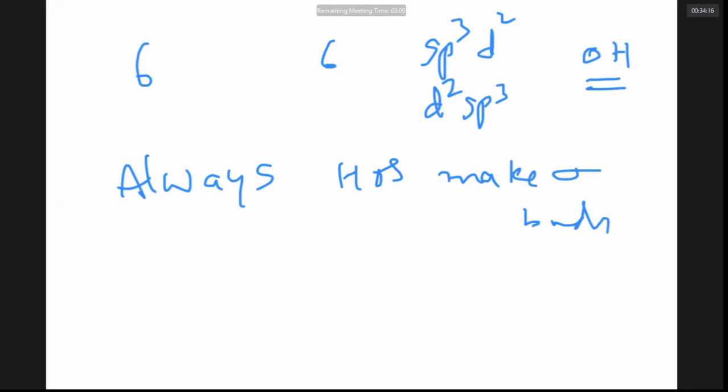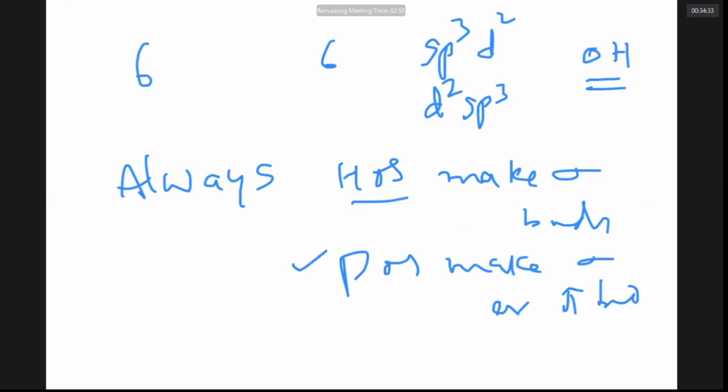Are we very clear? Who will make pi bonds? Pure orbitals make either sigma or pi bonds. Pure orbitals have 2 options. They can make sigma or pi bond. But if it is a hybrid orbital, it makes only sigma bond.